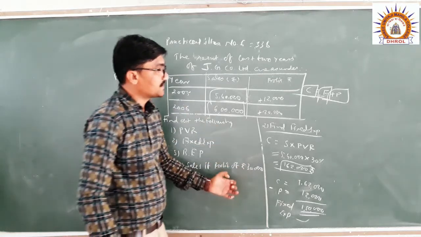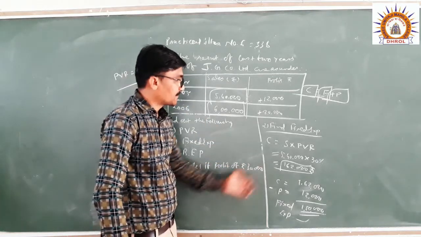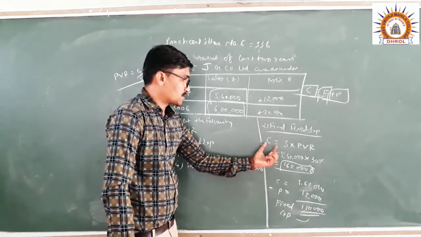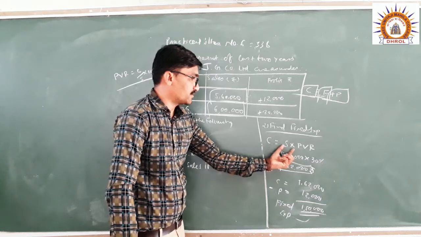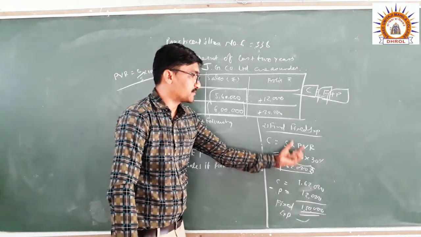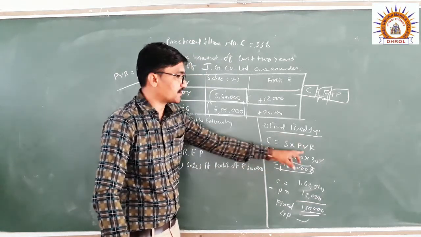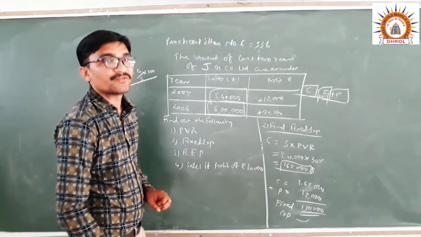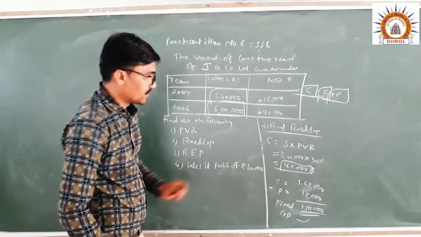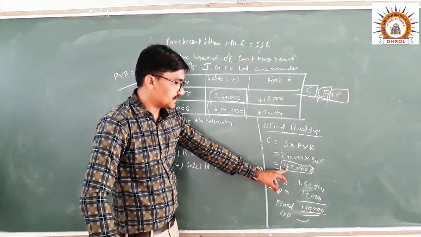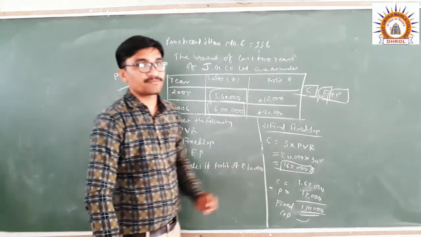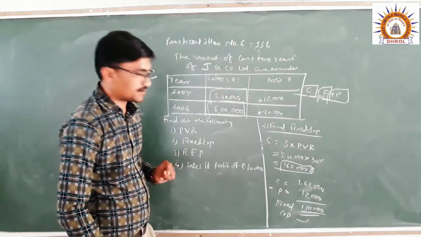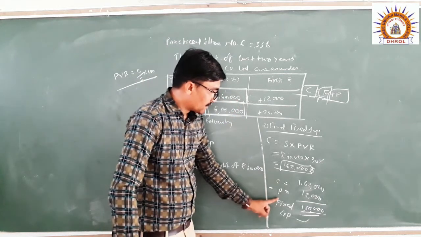How is the fixed expense calculated? Simple. The total contribution is required, and for that purpose you should have the amount of sales, and before calculating the fixed expense you are required to calculate PVR. We already calculated it. So C is equal to F plus P, as we went through earlier.